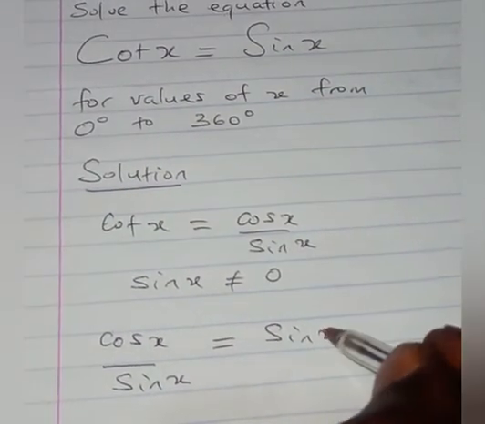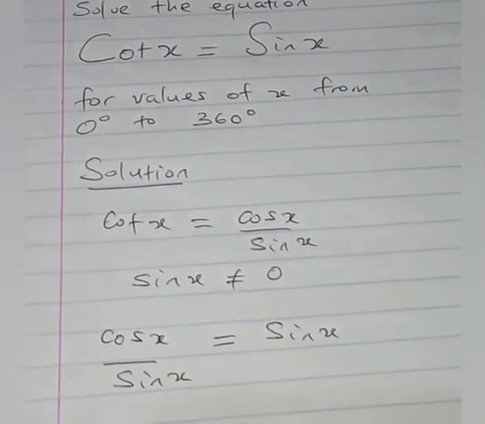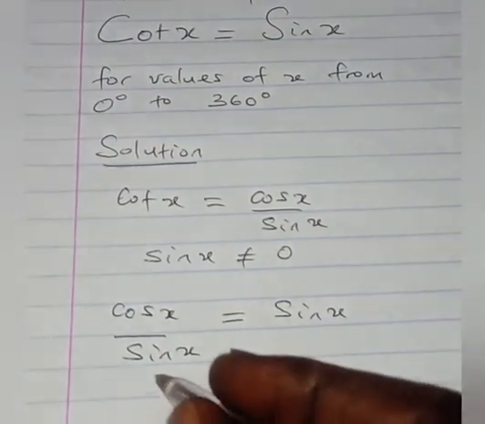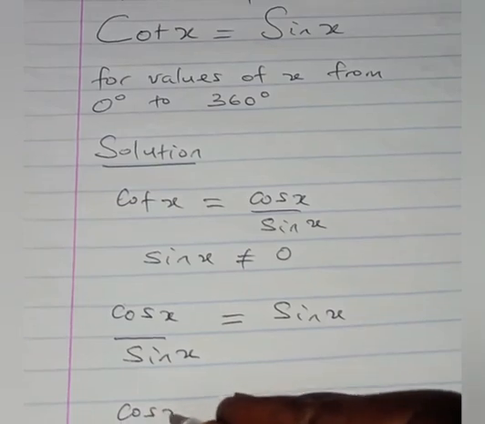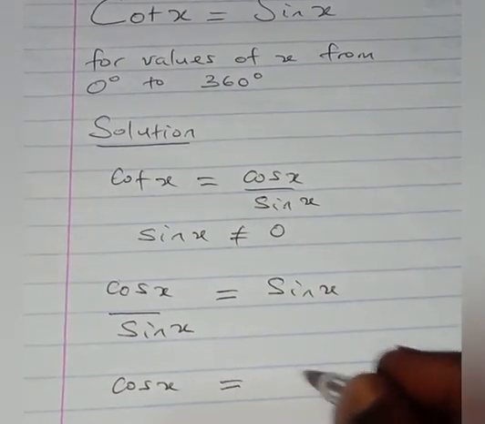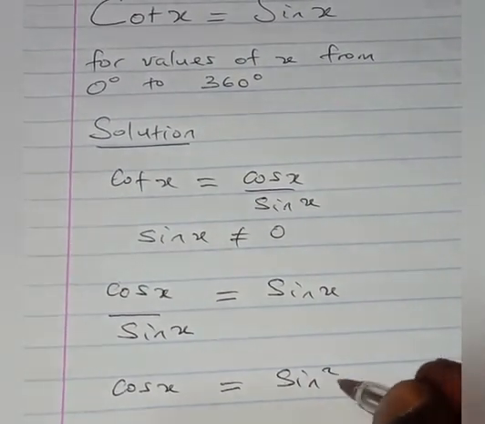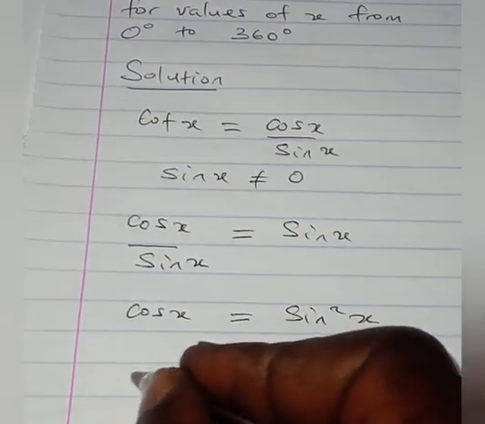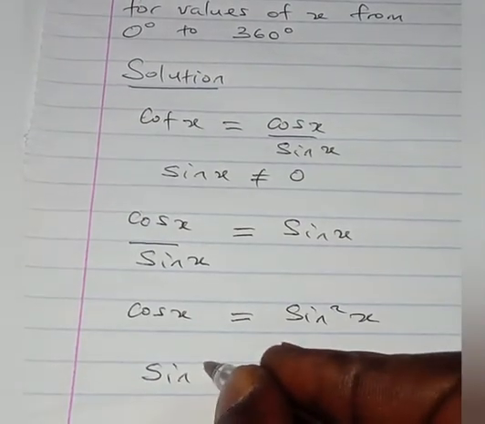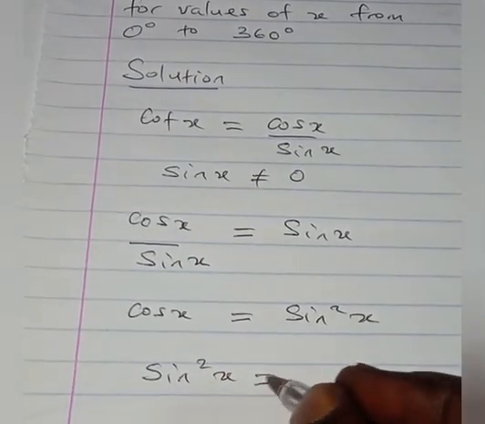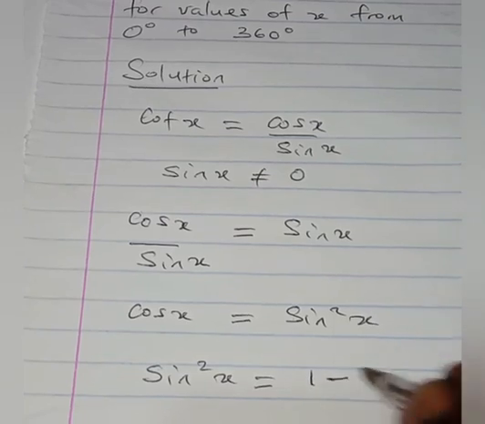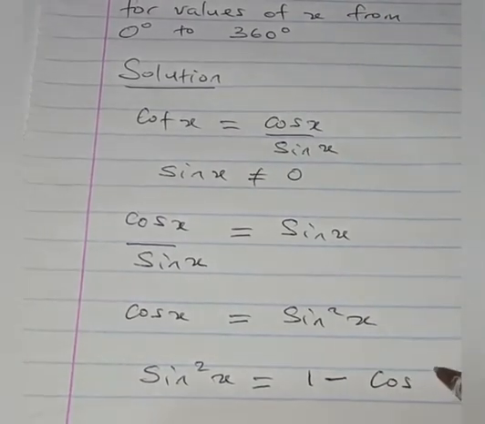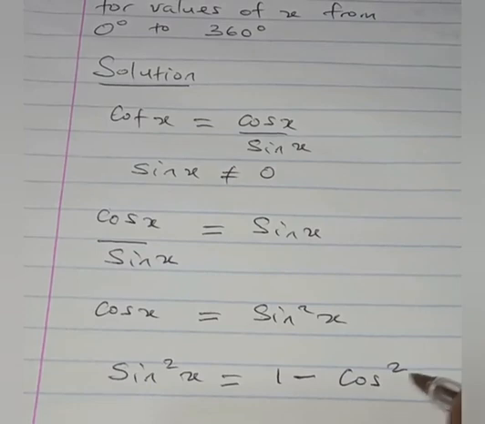So we are going to be having cos x over sin x is equal to sin x. We do the cross multiplication, multiply sin x both sides. That's going to give us cos x is equal to sin squared x. But from trig identities, you know that sin squared x is equal to 1 minus cos squared x.